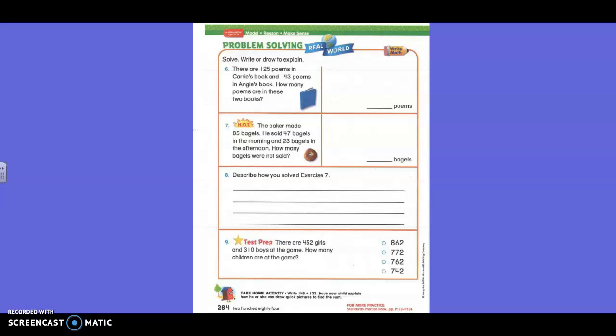Okay, number 7. The baker made 85 bagels. Read the second sentence with me. He sold 47 bagels in the morning and 23 bagels in the afternoon. How many bagels were not sold? Okay, so let's start.